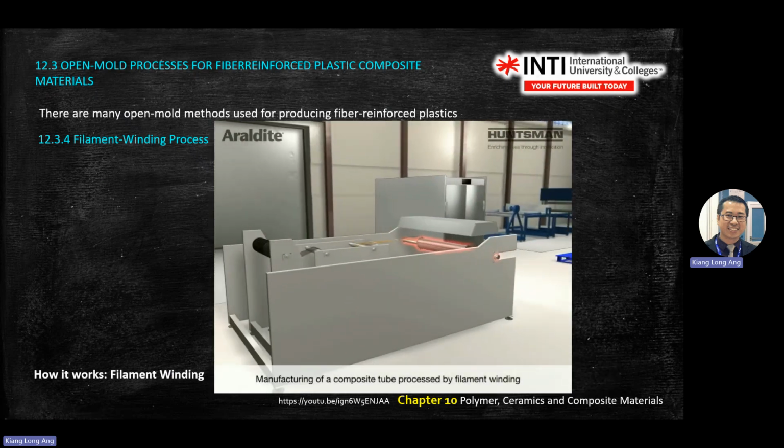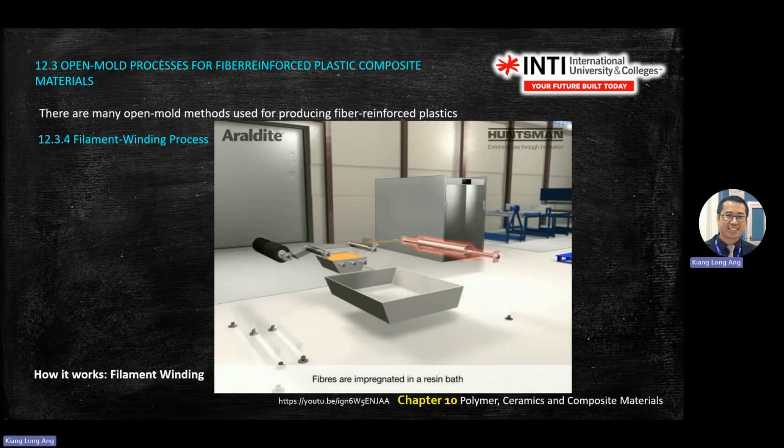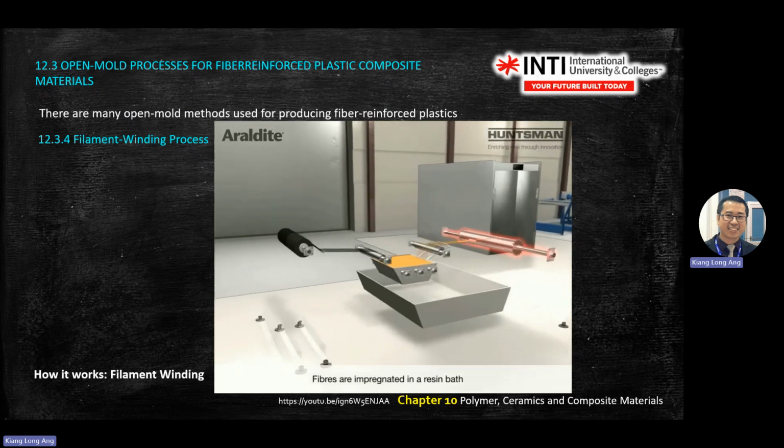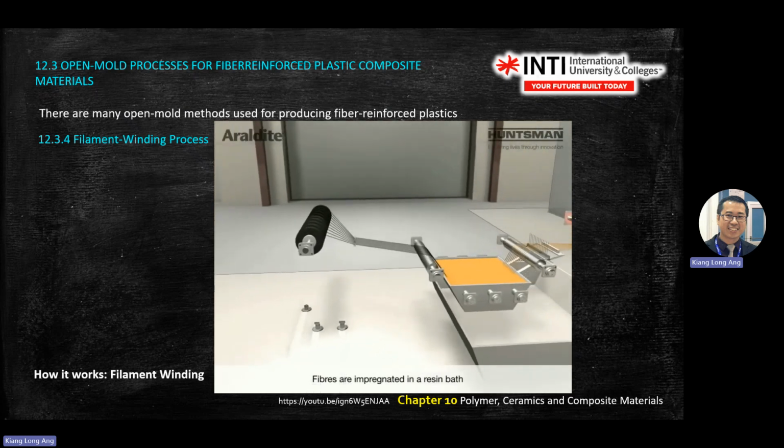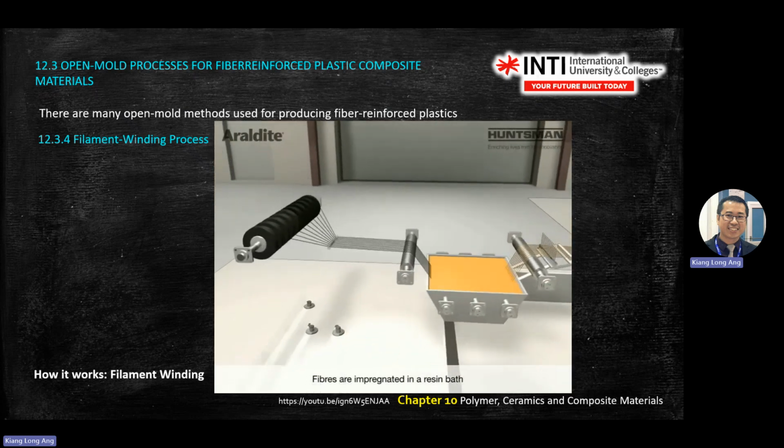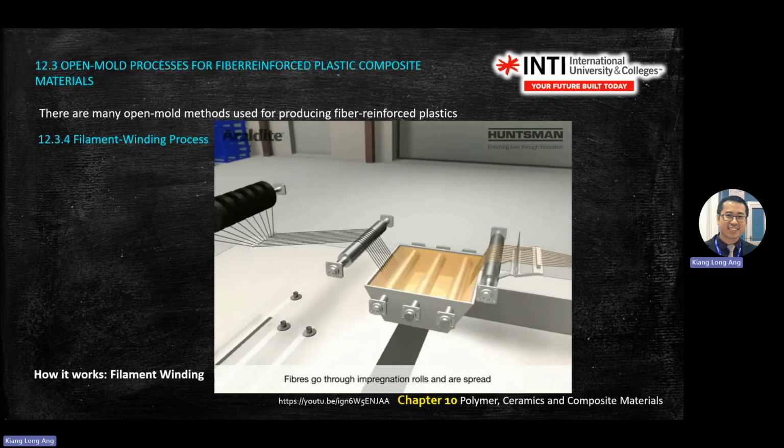So you just pull the composite string into the roller here. You mix the filament, the fiber in string form, dip into the resin, then you pull it into the coil.